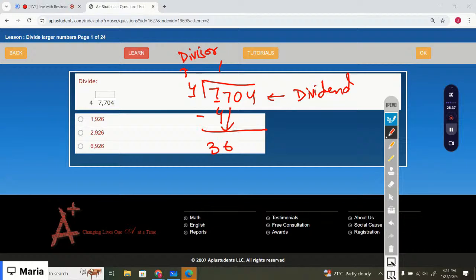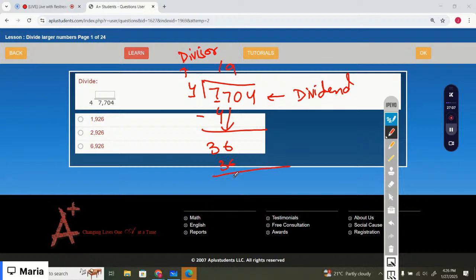You need to count the table of 4 until 36. So 4 times what number is 36? That is 4 times 9 is 36, right?